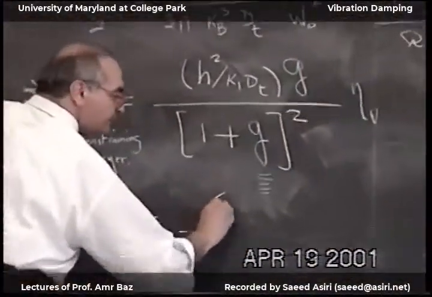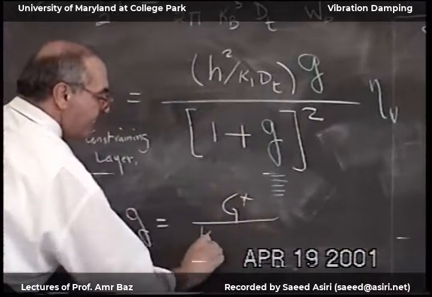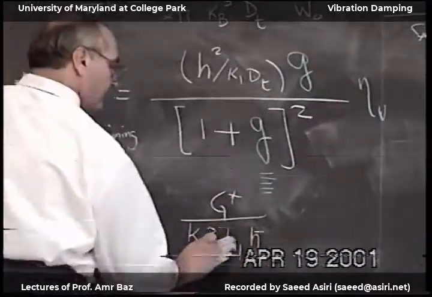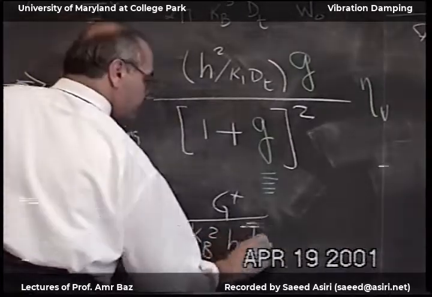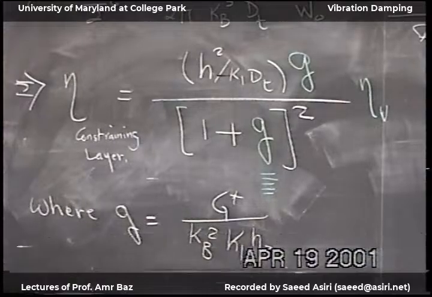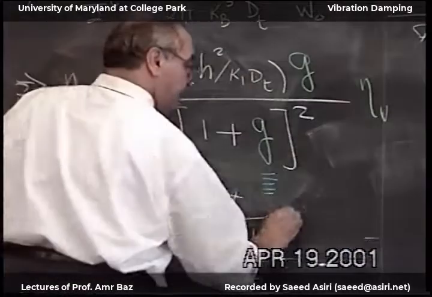G is equal to K1 and H2. And this is a very famous number, it's called the shear parameter.